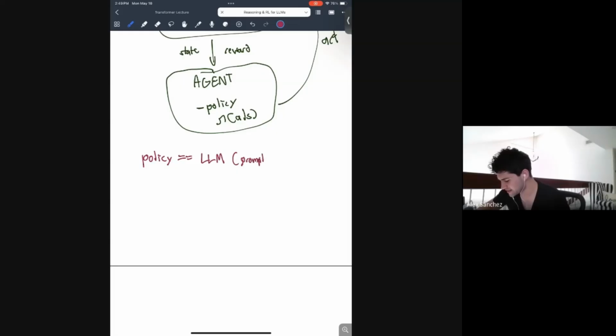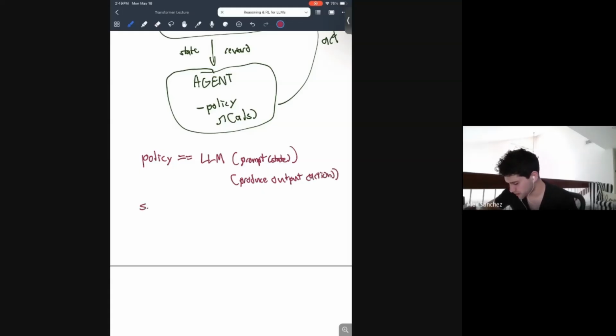The prompt is our current state. And this produces an output. In this case, the output was our answer to the prompt, and this is our action given the state. So again, the state is equivalent to the prompt, and the action is equivalent to the generated response.